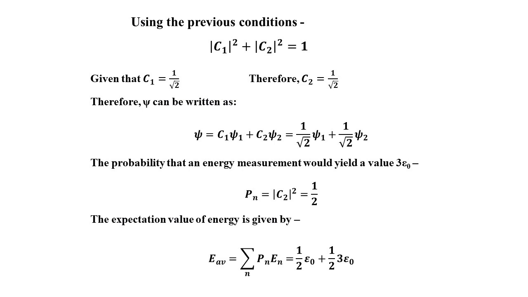And using the similar formula for the average energy, the expectation value of energy we obtained in the earlier problem, the sum over n of Pn En, here two states are possible with equal probability half. Therefore half epsilon naught plus half 3 epsilon naught. So this is the average value of energy, which has been easily calculated by using the formula.